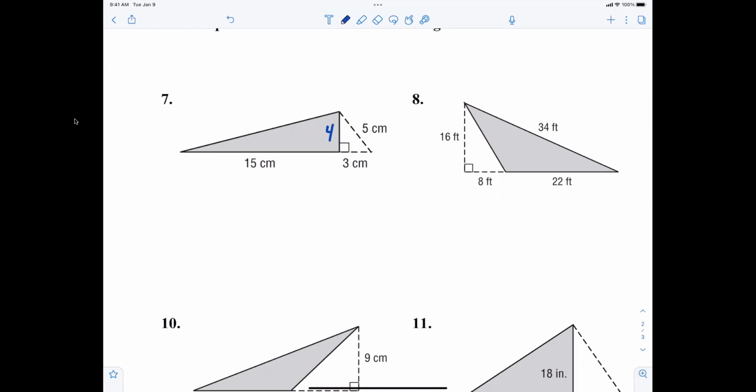The hypotenuse, just write down square roots. What's 15 squared? What's 4 squared? 225 plus 16. Square root of 241. Now we already know that's not a perfect square because 4, 15 is not a triple. Do we agree with that? So just leave it as square root of 241.